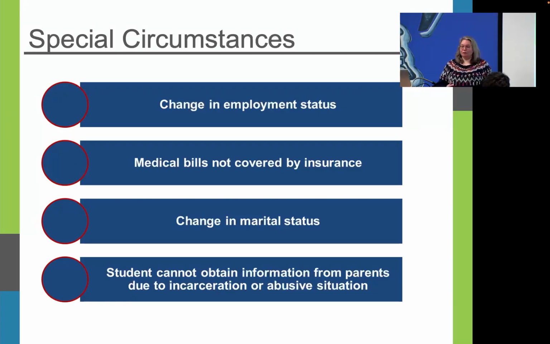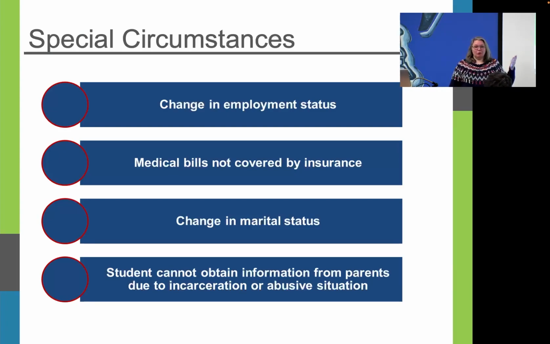So what you do is you file the FAFSA exactly how they ask the questions, but then you contact our office, let us know what's going on, and then we will request information based on what you're telling us. So say in 2022, your parents made $20,000 less, then we would probably ask for that tax return. So just contact us.